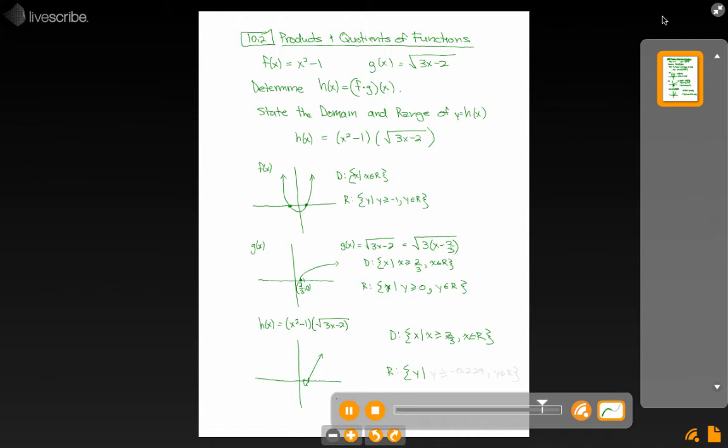So take a second to do that. Right bound, left bound, yes, and you get an unexpected y value, that y needs to be greater or equal to negative 0.229 approximately as the range of this thing.